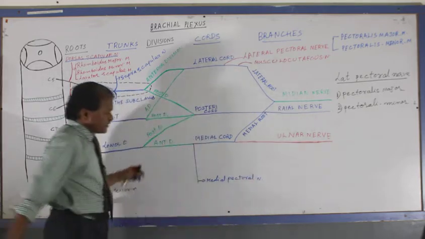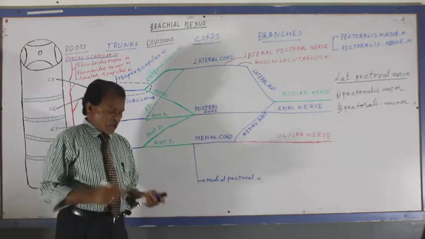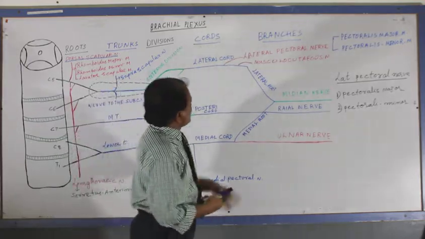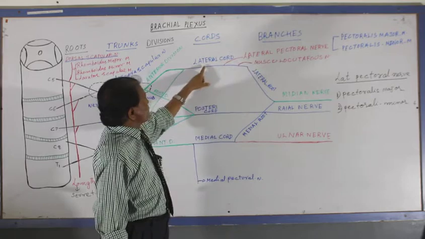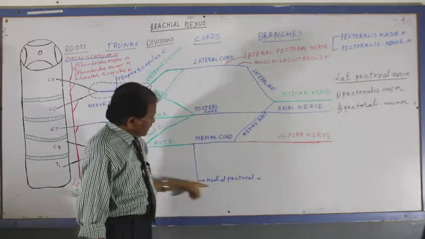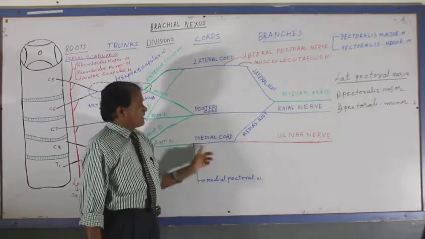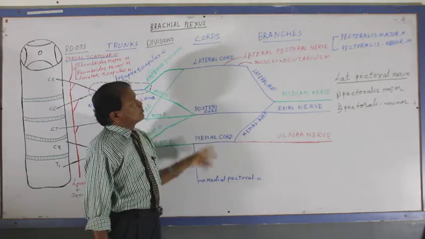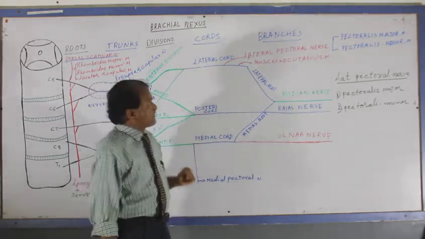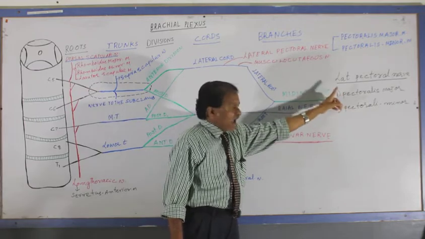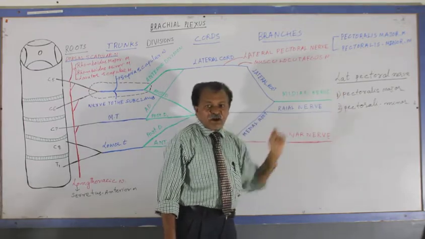The lateral pectoral nerve is a branch of the lateral cord, and the medial pectoral nerve is a branch of the medial cord. These two nerves meet together and supply the pectoralis major as well as the pectoralis minor.